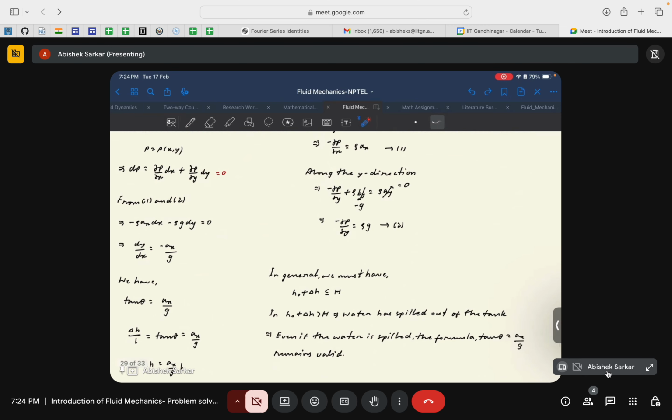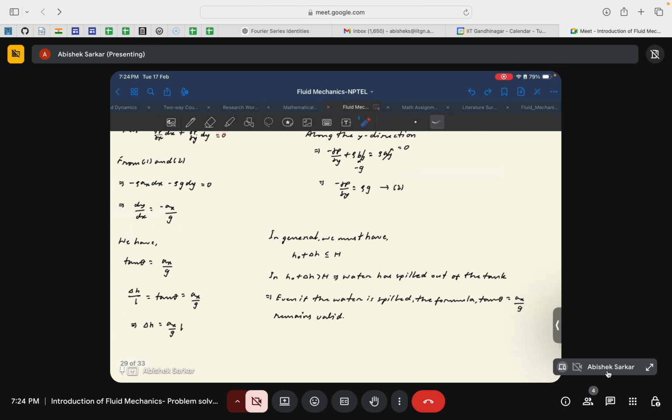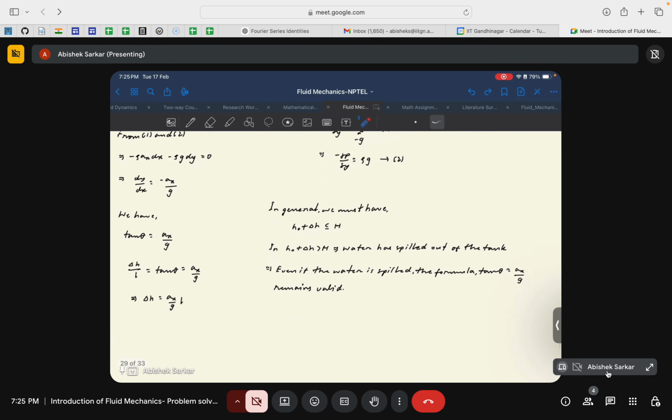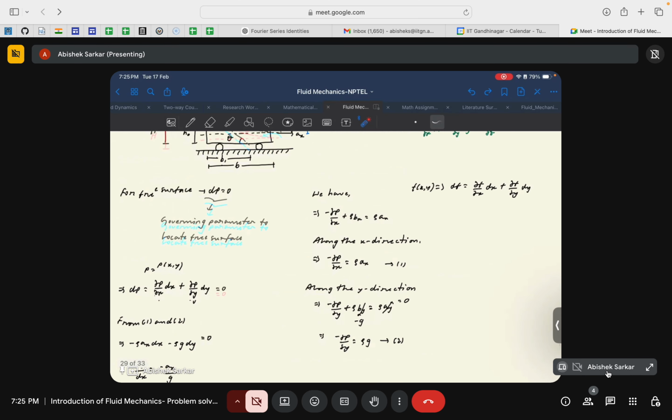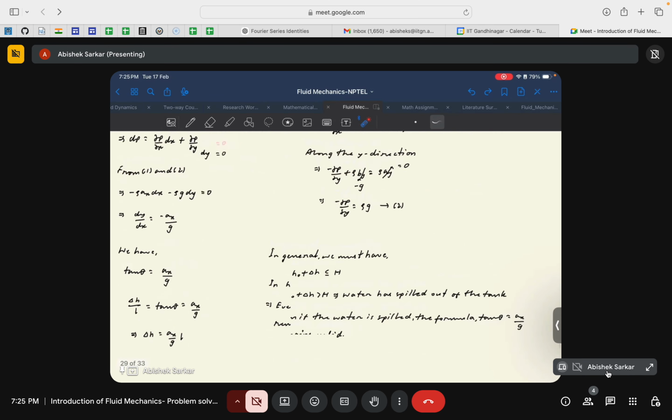Then you will get dou p by dou x is minus rho ax and dou p by dou y is minus rho g. From that you will get dy by dx is equal to ax by g. And dy by dx again can be considered as the slope of this particular free surface. Then tan theta would be equal to ax by g.